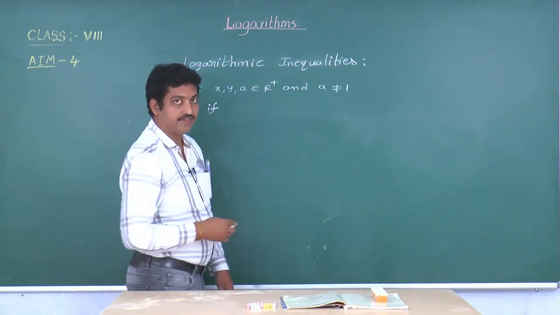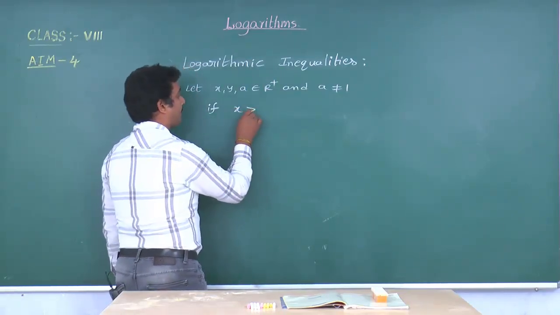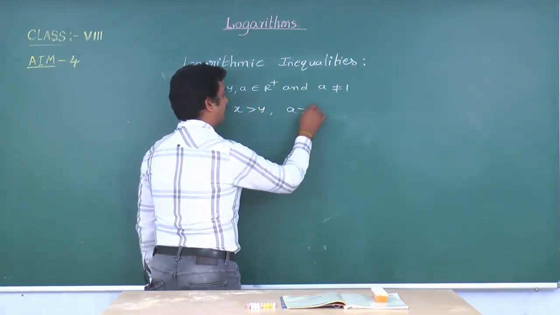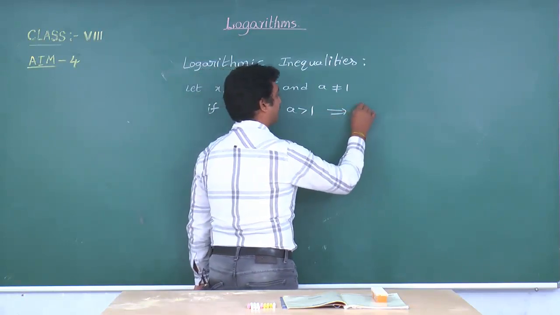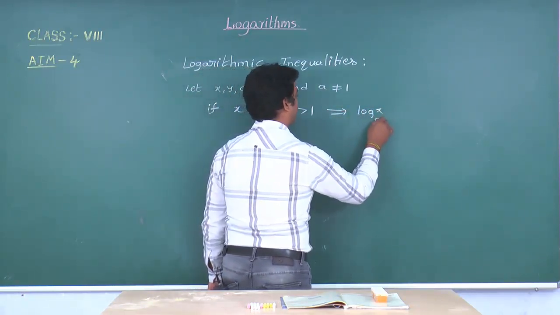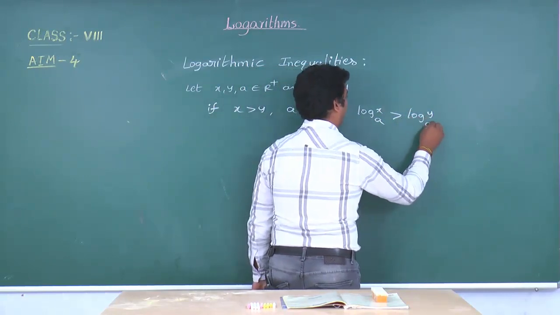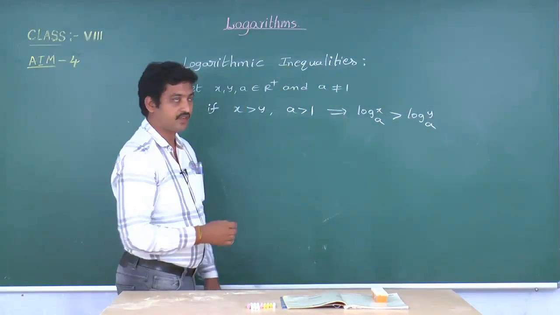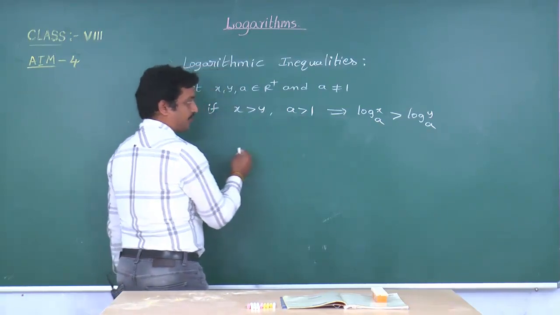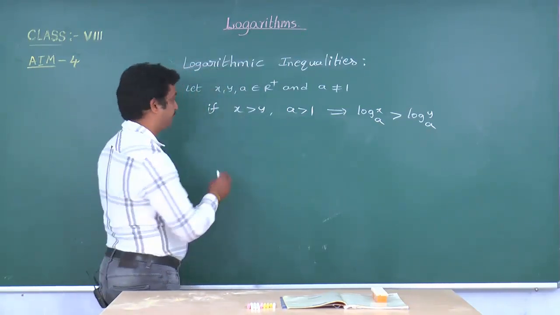First one: if x is greater than y and a is greater than 1, that implies that log x to the base a is greater than log y to the base a. Let log x to the base a be equal to some p.